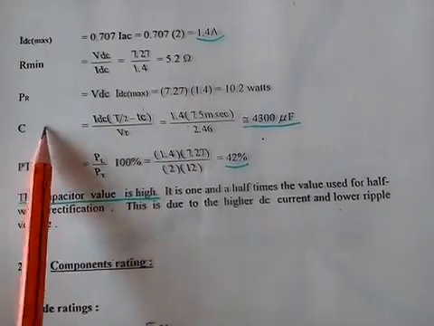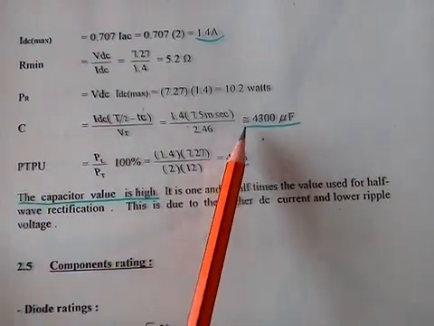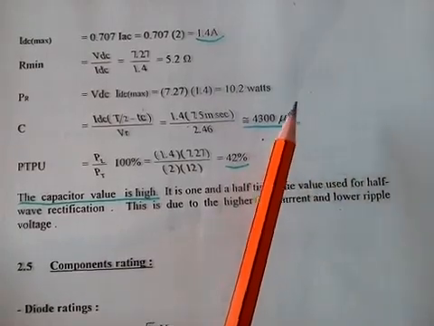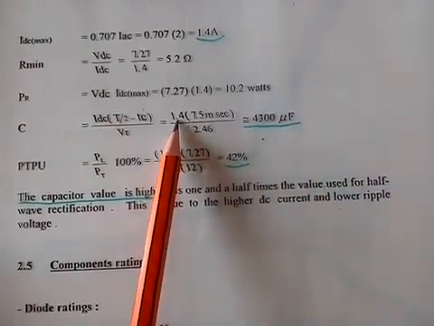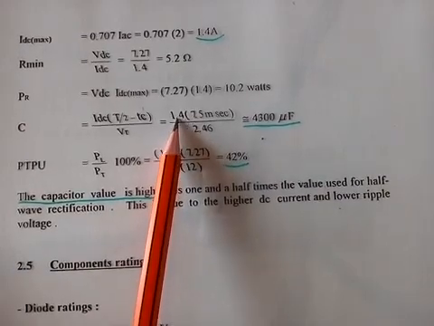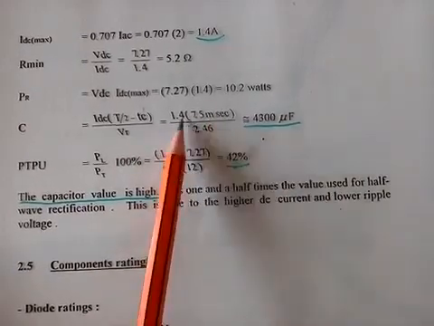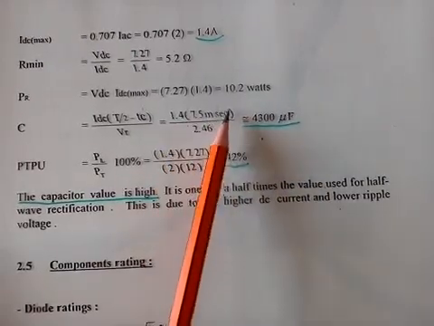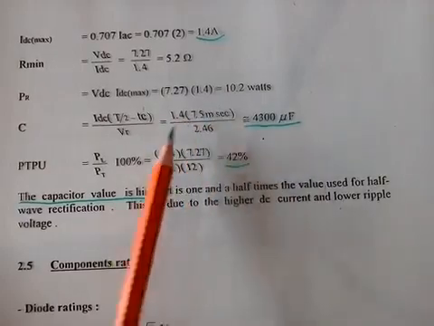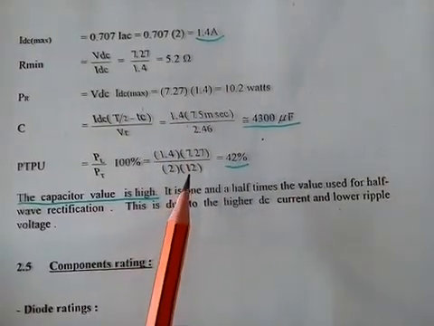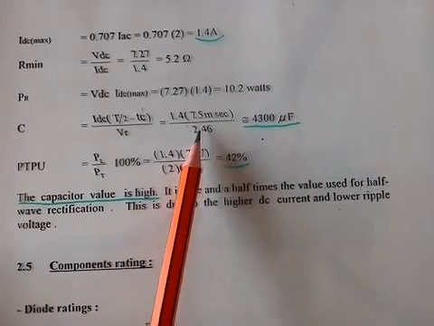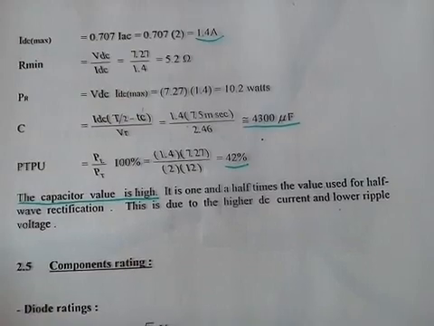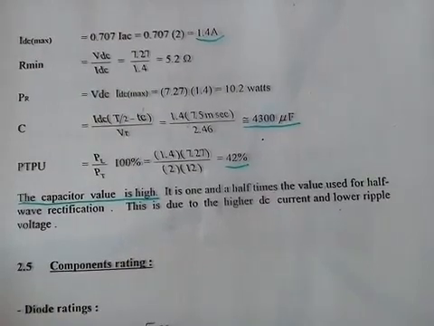The capacitor value will equal about 4300 microfarads, and that's of course the IDC, which is 1.4 amps, the maximum we're allowed to have, multiplied by 7.5 milliseconds, the duration needed for the cap to discharge, divided by the ripple voltage. That gives us 4300 microfarads.